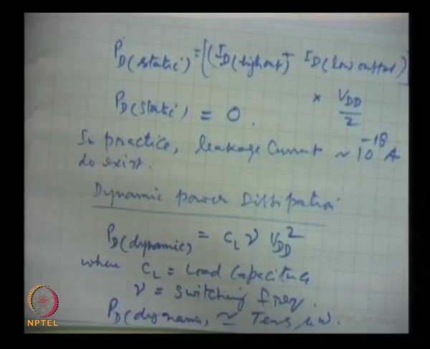So, the static dissipation is close to 0 and dynamic dissipation is of the order of few tens of microwatts per circuit, per inverter for example, and if we combine the two, the total power dissipation is extremely low.